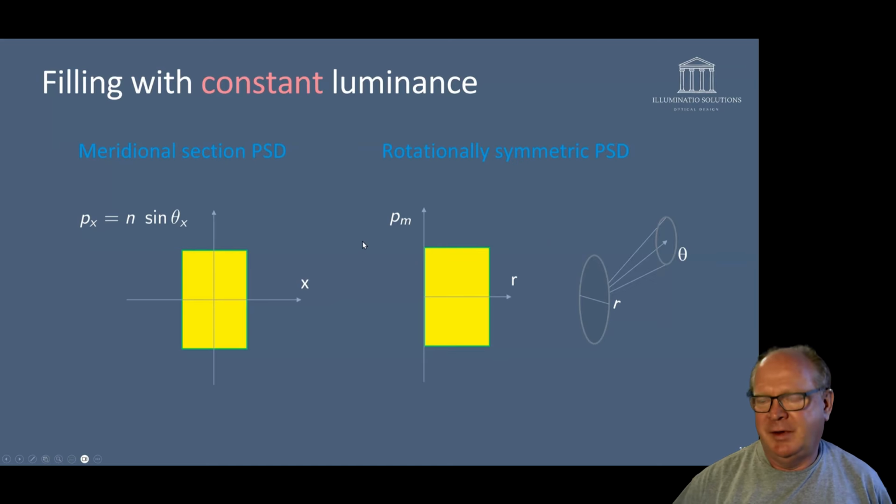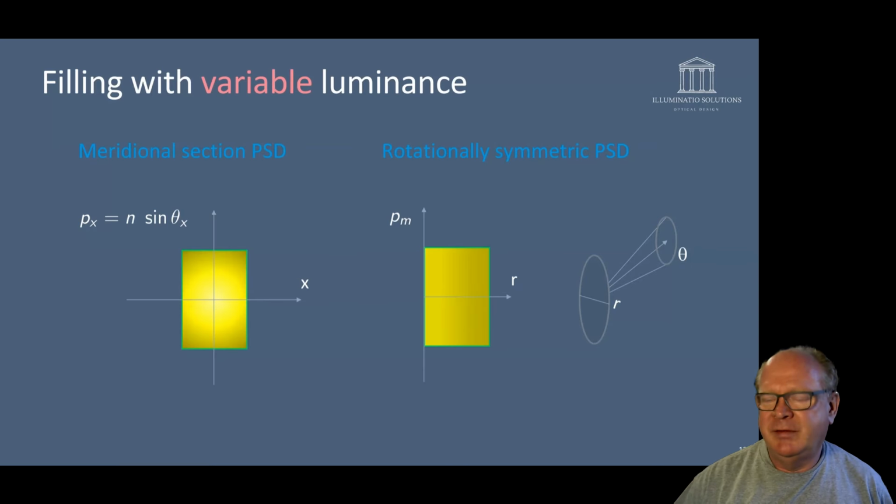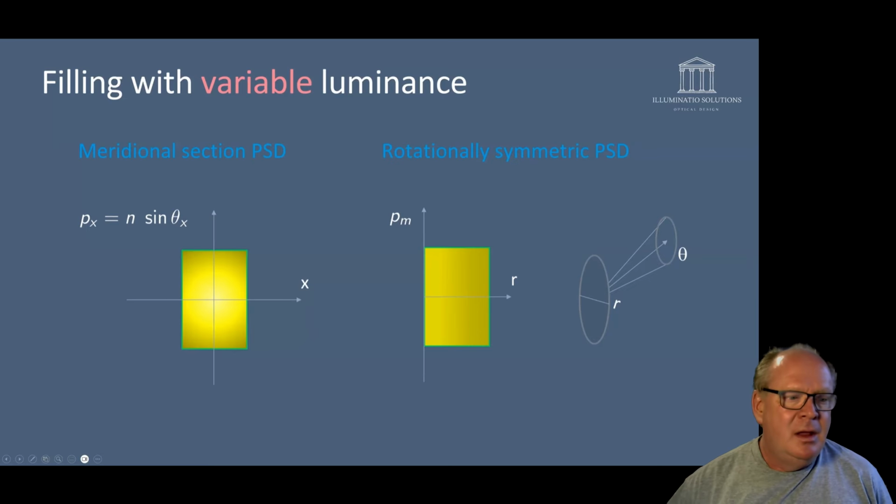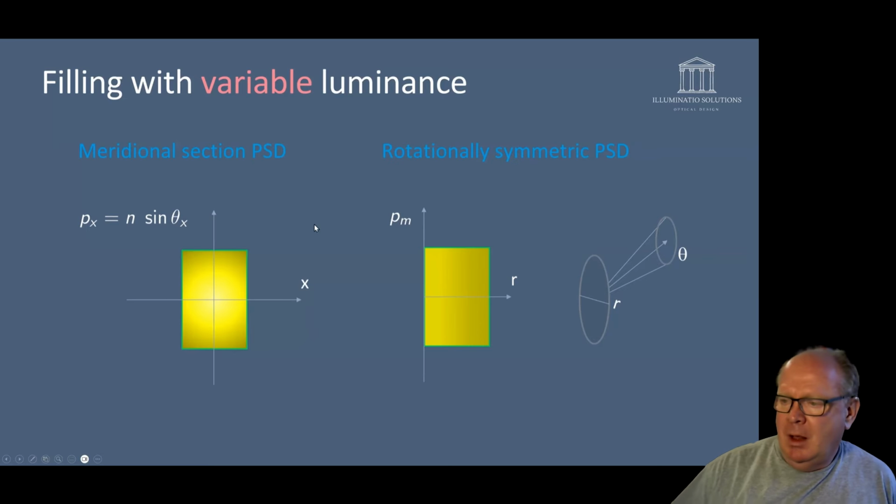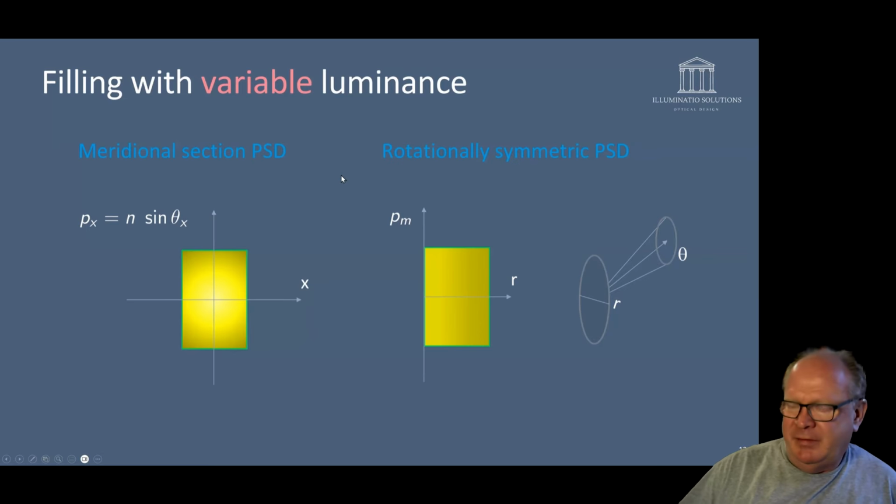Either type of diagram. But it doesn't need to be constant. I can have a variable luminance. Luminance can vary with space or with angle, and then I get a distribution of luminance in the phase space, which you can see here. This is basically the general case, and this is the basis for everything we do.